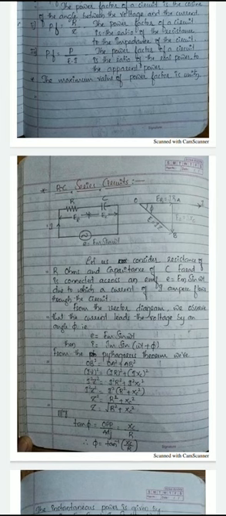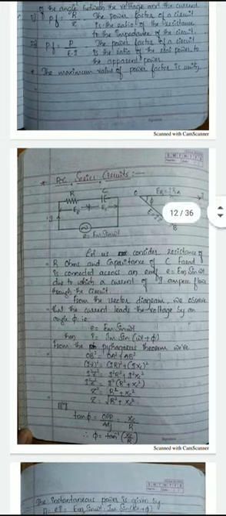Now, we know that in a pure resistive circuit, current and voltage are always in phase. Therefore, both are represented along the x-axis in the vector diagram. In a pure capacitance circuit, the current is leading the voltage by 90 degrees, or the voltage is lagging the current by 90 degrees.